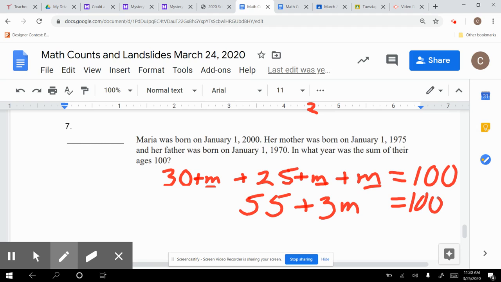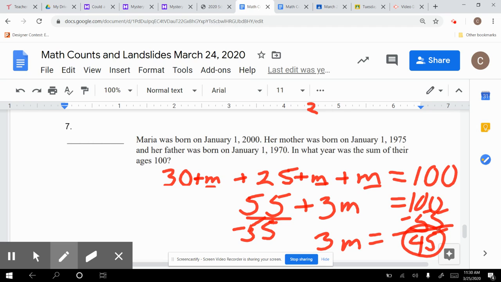Now, I get rid of this 55 on this side by subtracting 55, which means I have to take 55 away from the other side to keep it balanced, which makes it 45. So this leaves me with 3m equals 45.